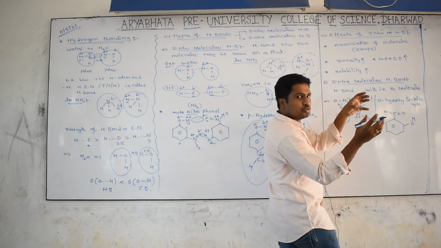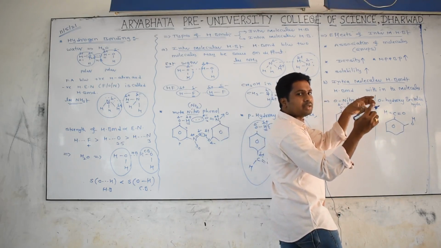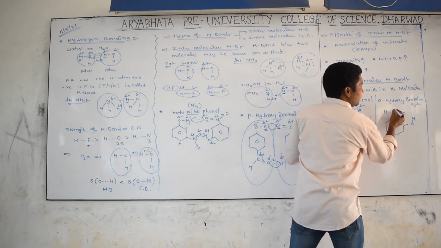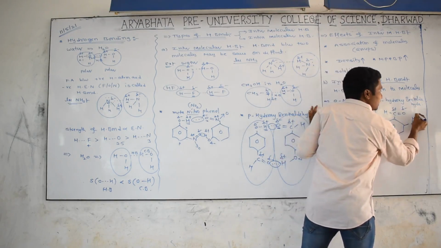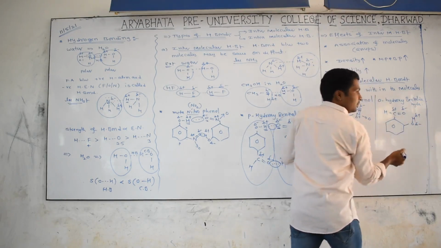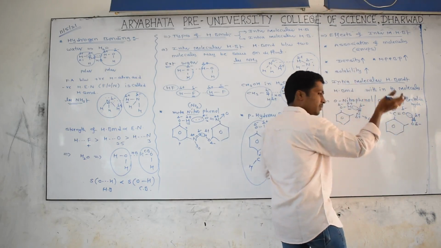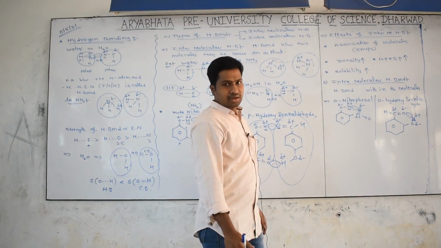Here also the two groups are very close to each other, so a special attraction operates within the same molecule, which is called intramolecular hydrogen bonding. Here we get partially positive and partially negative. The positively charged hydrogen atom is attracted to the negatively charged oxygen; that special attraction is what we call hydrogen bonding. It happens within the same molecule, so it is called intramolecular hydrogen bonding.